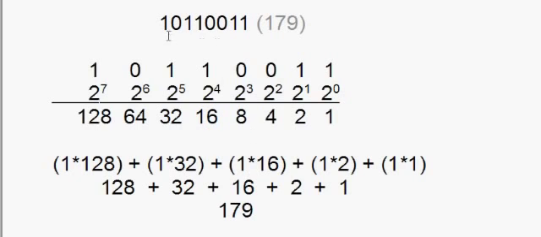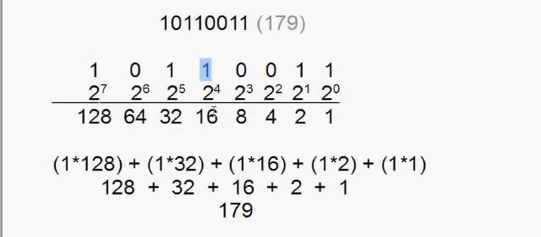Well, here's our number, 10110011. So I put them in here. And what does that mean? That means we have 128 in the 128's place. We have nothing in the 64's place, but we have 1 in the 32's place, or 1 times 32. So we have a 32.